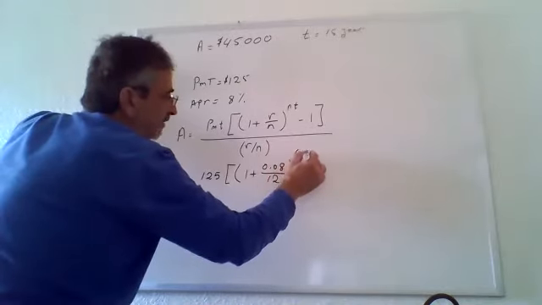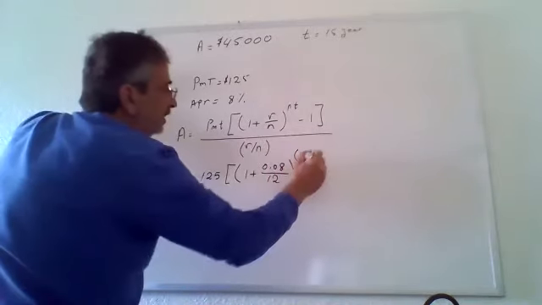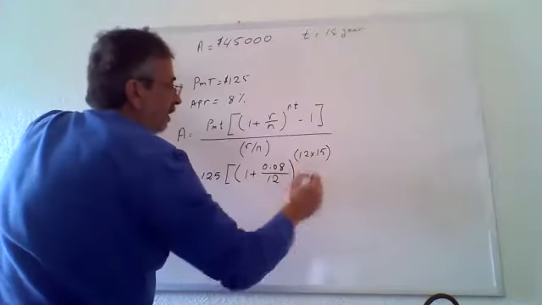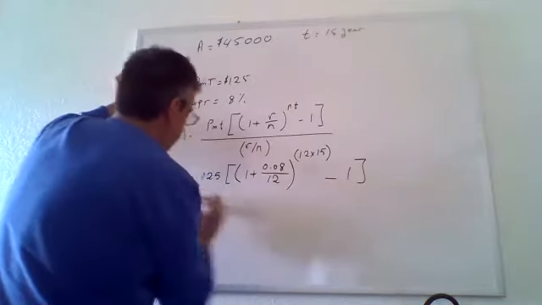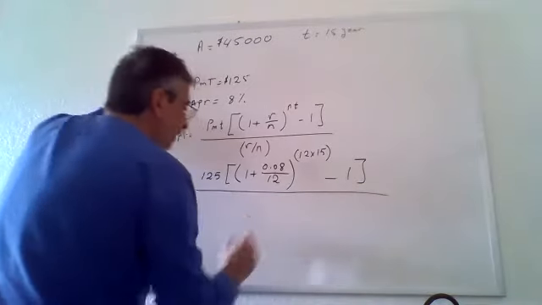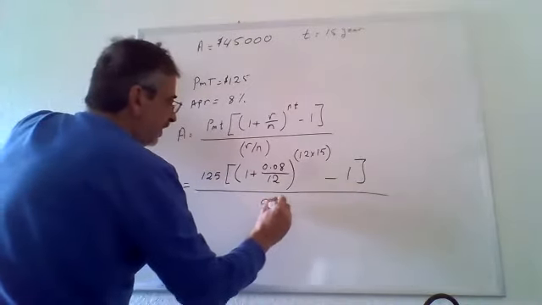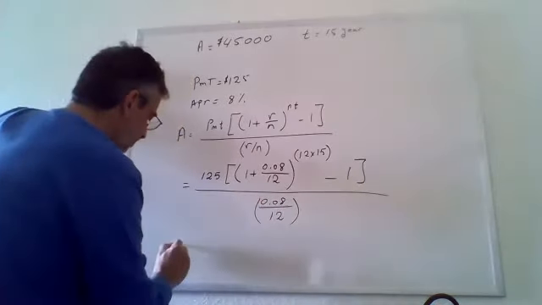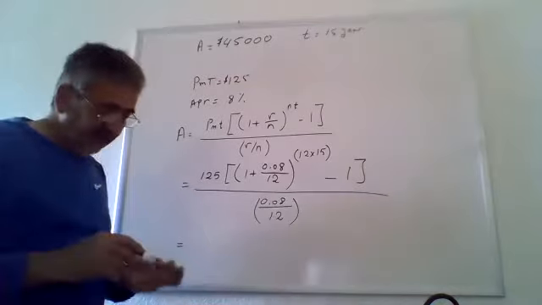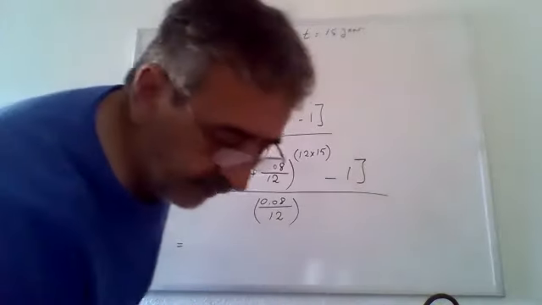That's 12 times 15. And all of these, minus 1, divided by 0.08 divided by 12.